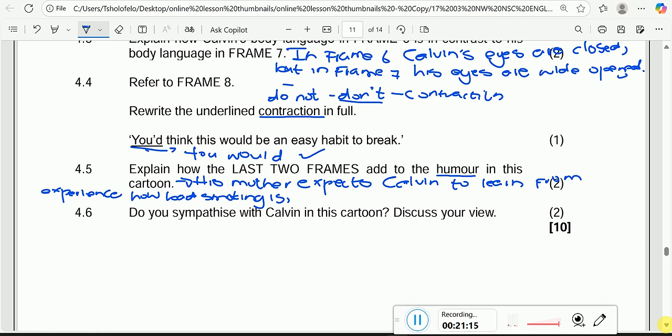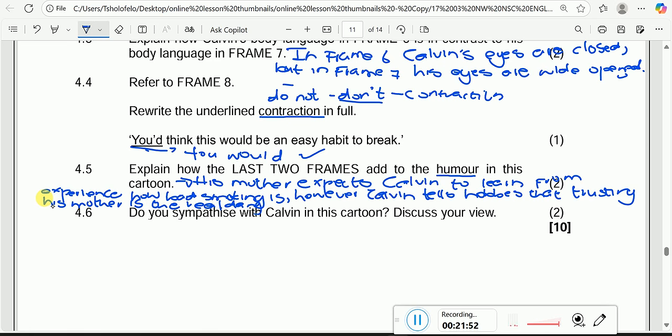However, Calvin tells Hobbes that trusting his mother is the real danger. Is the real danger. Remember, he said that trusting parents is hazardous.